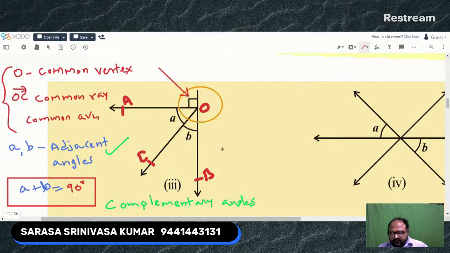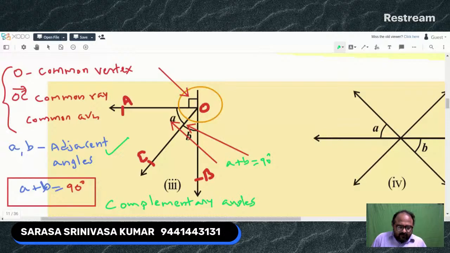So from this we can conclude that angle A and angle B together form 90 degrees. Angle A plus angle B equal to 90 degrees. So this is what you should observe from the diagram.